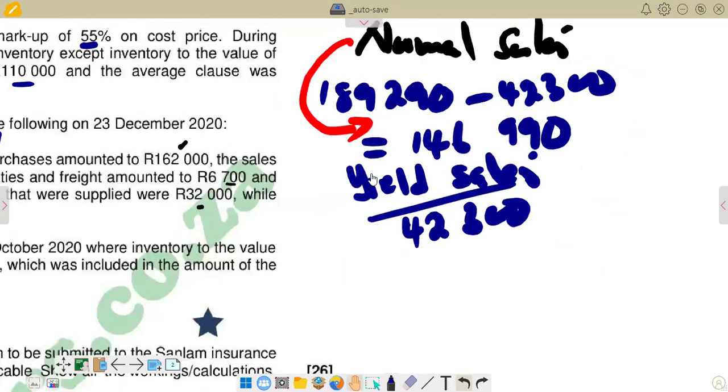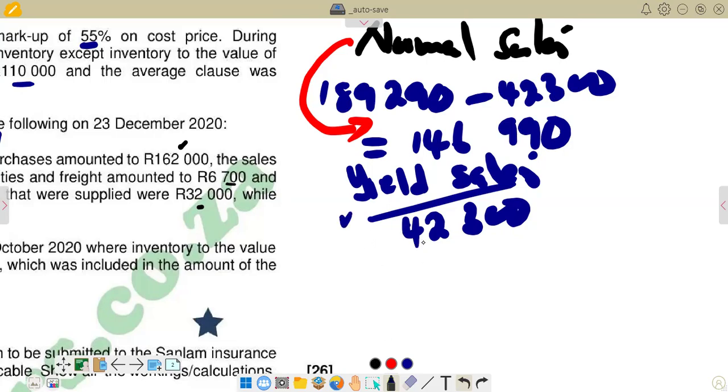Let's take note that the figure that we are given there is the figure for selling price, which is going to be the cost price plus the markup. So we are just going to calculate it as such. To calculate the gross profit for yield sales, we start here with yield sales.